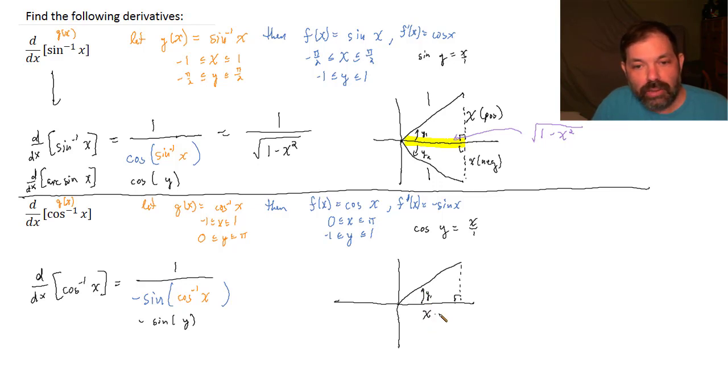So here's x positive over 1. Or if we had the y values between pi over 2 and pi, that would mean we would have a quadrant 2 reference triangle. And here, this would be the angle, this would be the y2, where again we would have adjacent over hypotenuse. And so here would be the x negative.